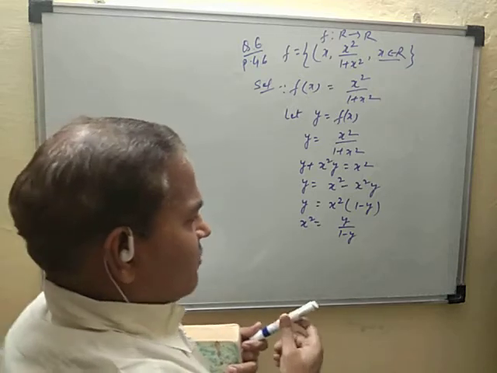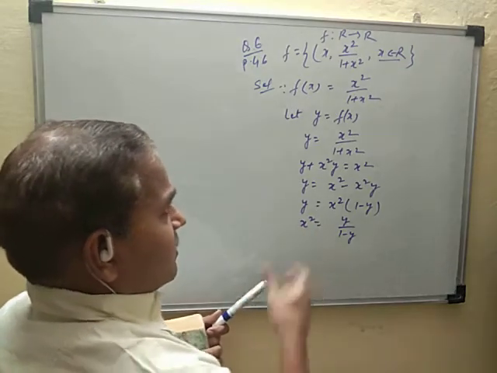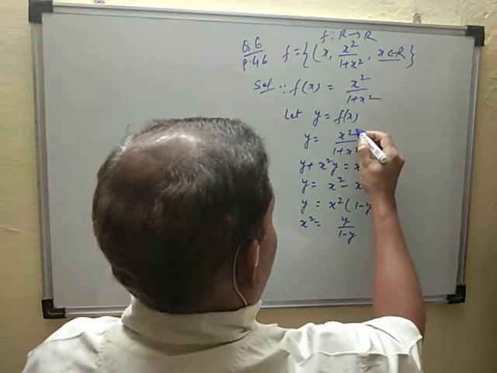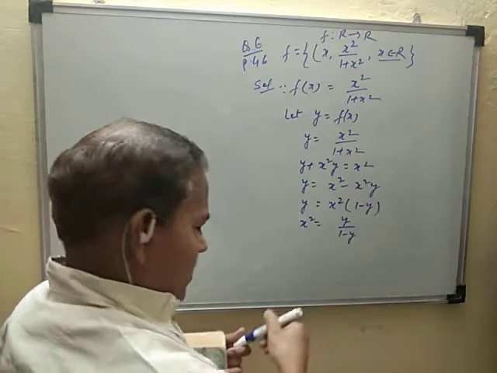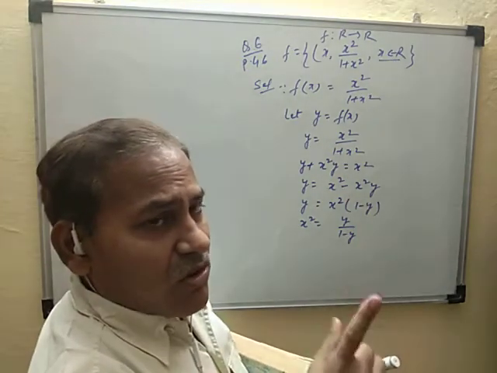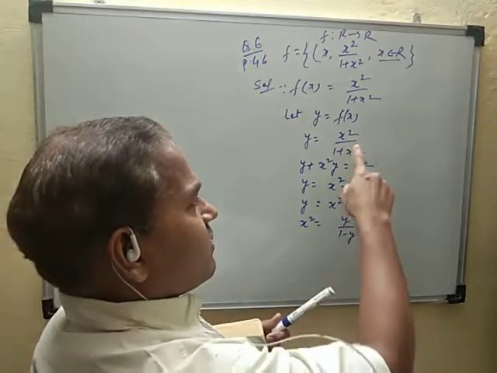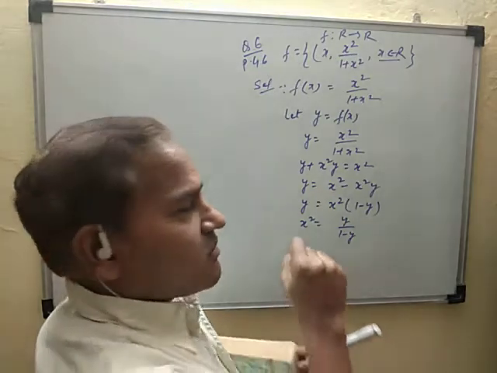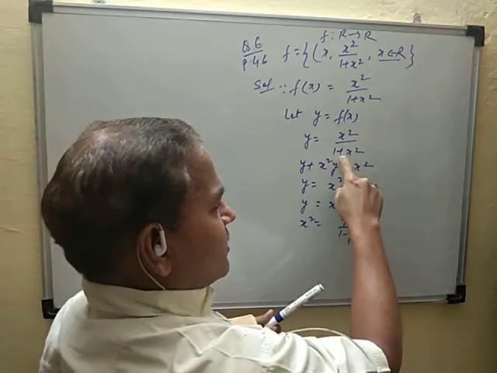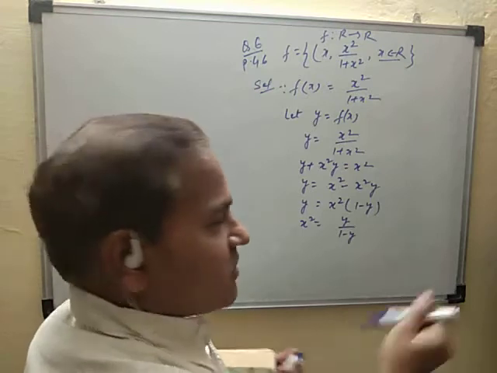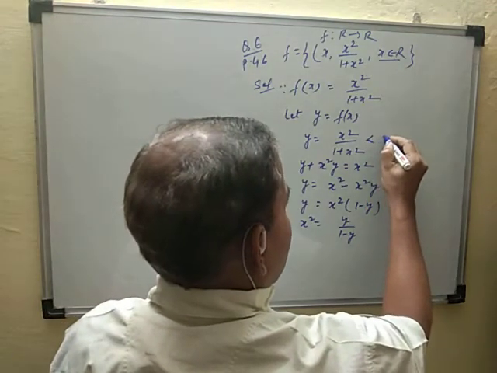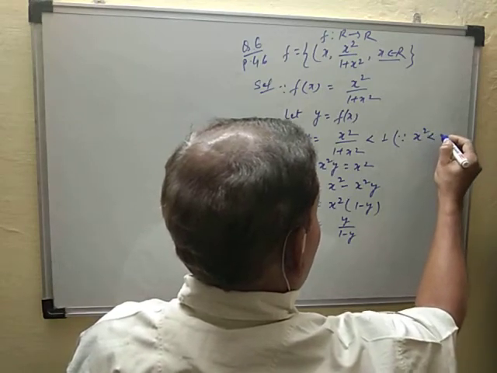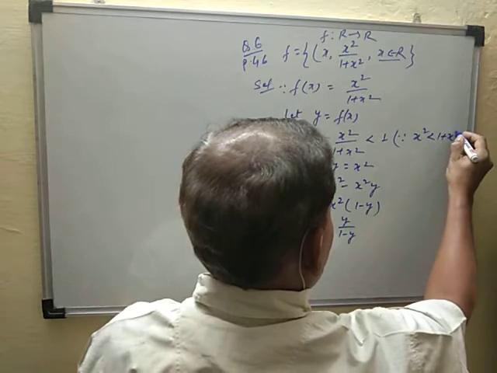So what is the value of x? Here f of x is equal to this, and you see that x square upon 1 plus x square, this value is always less than or equal to 1, because the denominator is greater than the numerator. x square is always less than 1 plus x square.